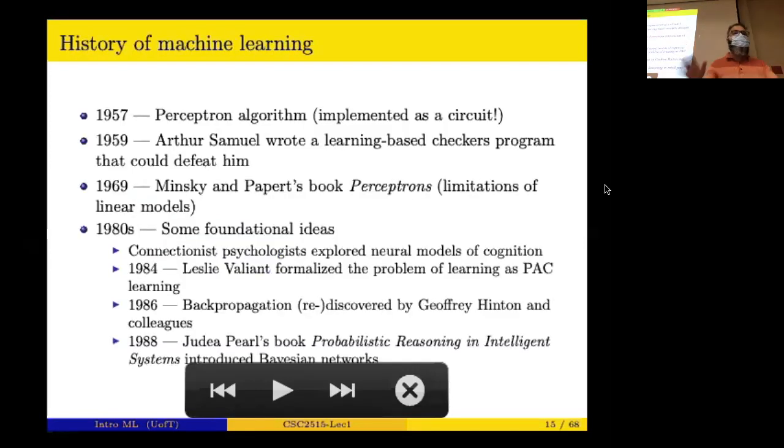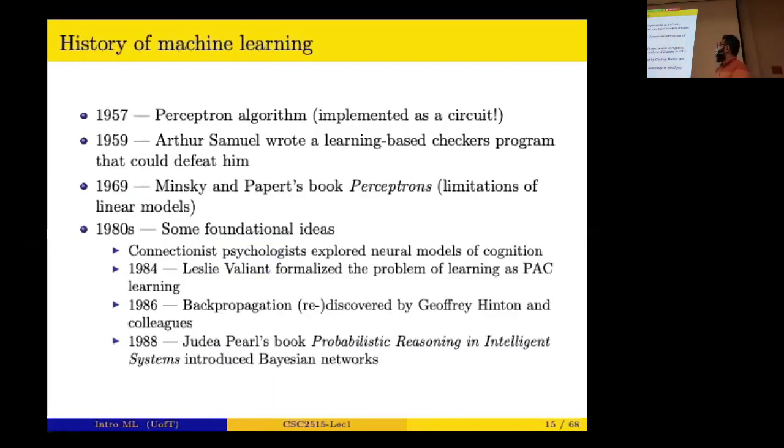Let's move on. So there's a history of machine learning. It started from the 50s with the perceptron algorithm, and then Arthur Samuel wrote a program to learn how to play checkers. The checkers play wasn't so good, but good enough to defeat him.